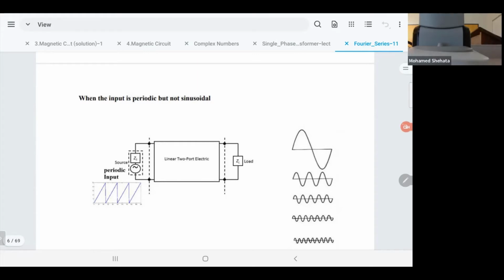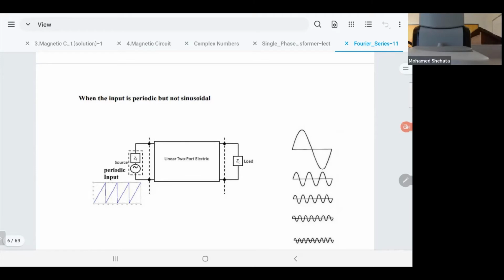It has to be a periodic waveform, and there are conditions. It has to be finite. It grows, it increases, and then stops and increases. But if there's something going to infinity, it will not be possible. It has to be limited. So they found that we can do that.